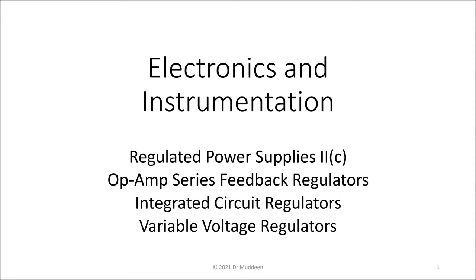Today we will continue and conclude the topic on regulated power supplies. So far we've dealt with rectification, then the simple filter, and then we started to look at how to regulate using the Zener diode.